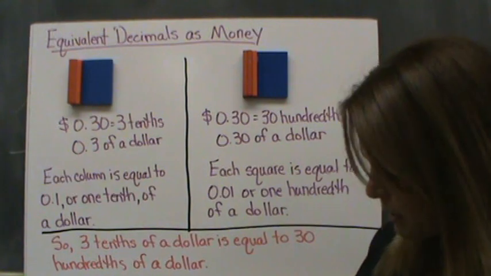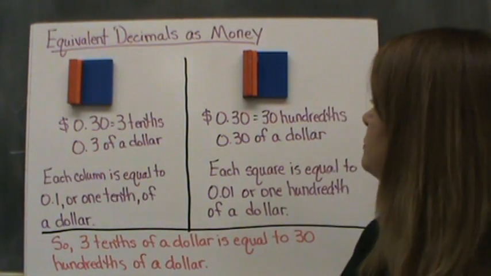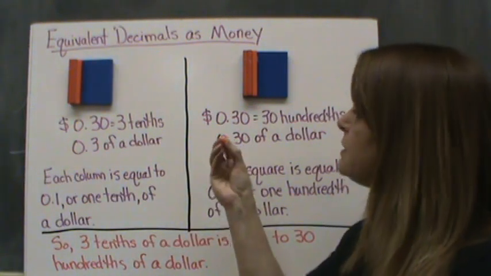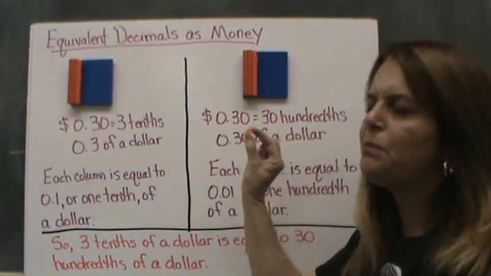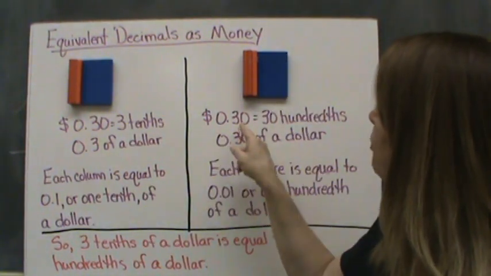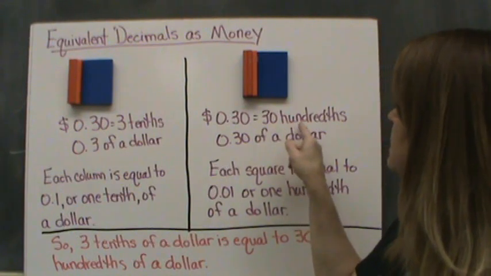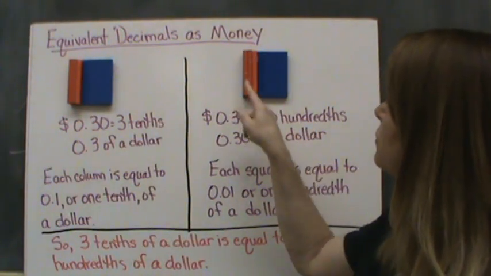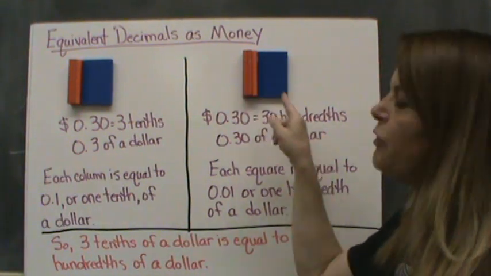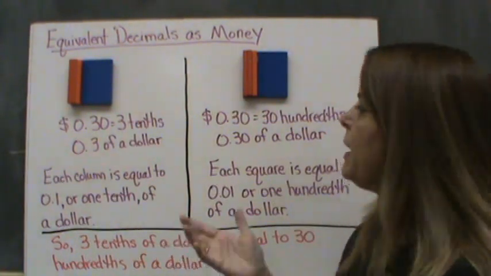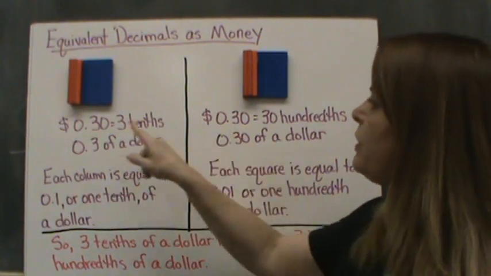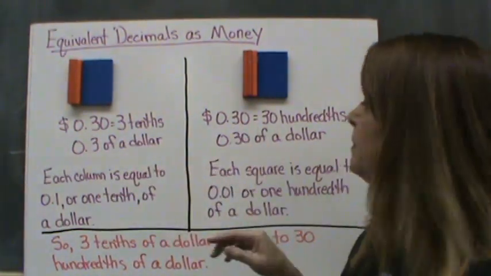What if I come over here and I have hundredths? It takes 100 what to make a dollar? 100 pennies. So each of these little boxes now represents a penny, and I have 30 of those little boxes colored orange. So I have 30 hundredths, because there's 10 here, 10 here, 10 here. That's 30 of the 100. 30 pennies is equal to 30 hundredths of a dollar, which is 30 cents. So you can see that it's the same amount.